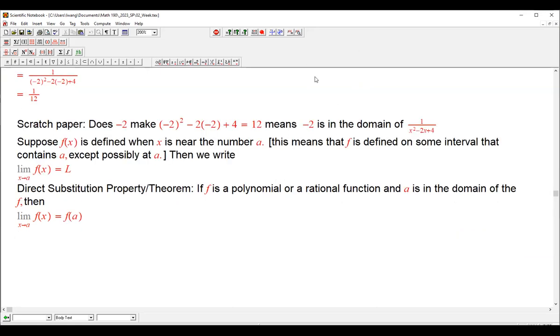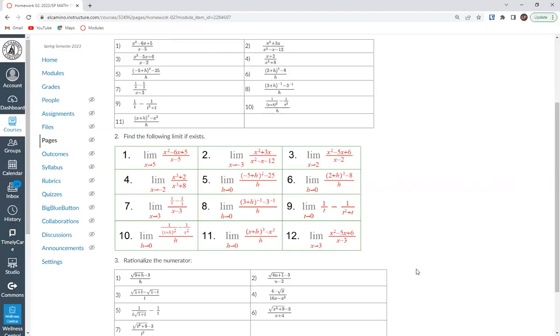And I will do another example, similar to things we did in class with h. So maybe we look at number 10. Make sure you write it down. Maybe you want to pause the video here and try on your own.